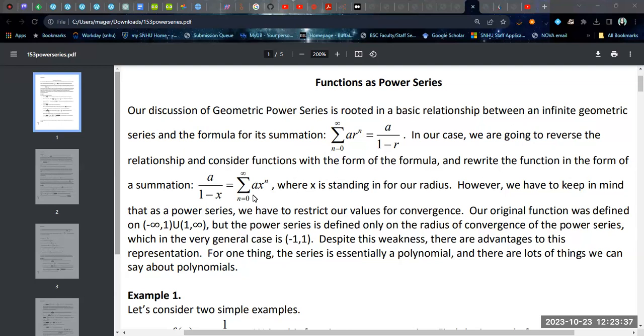We're going to talk a little bit about how we can shift the center if we need to be doing approximations at a slightly different point along that domain. But there are going to be many advantages to having a power series representing a function. Our power series are in some ways basically an infinite polynomial, and polynomials are very easy to take derivatives of and things like that. So it has many advantages.